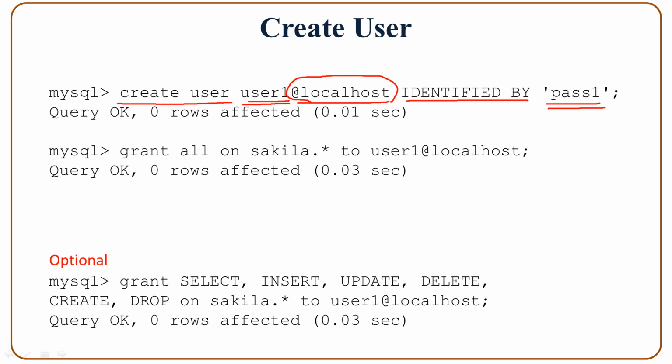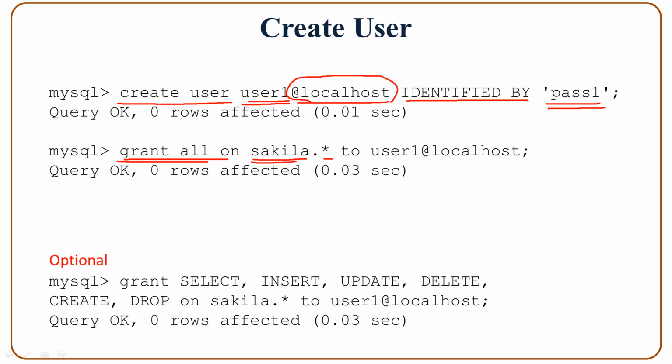So after running this, you need to grant privileges to the user. So in this example, you grant all the privileges on this database, on circular.star.